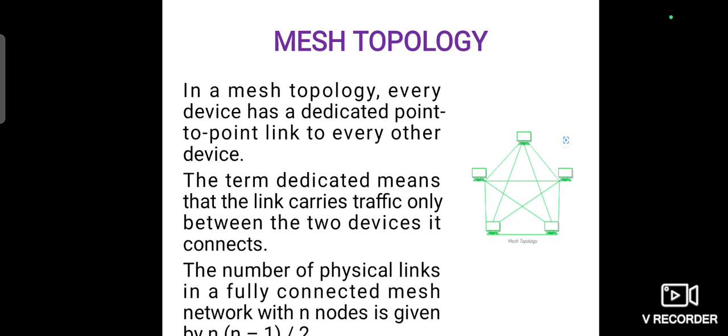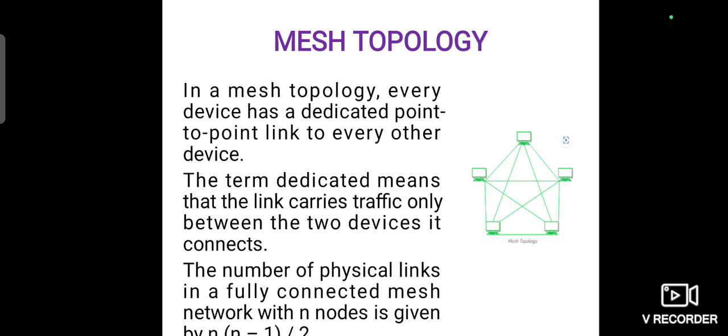What are the disadvantages? Installation and configuration are very difficult. It takes too much time to install and configure. The cost of cable is high as bulk wiring is required, because one device connects with all the remaining devices. In the example we discussed, we need 10 ports.